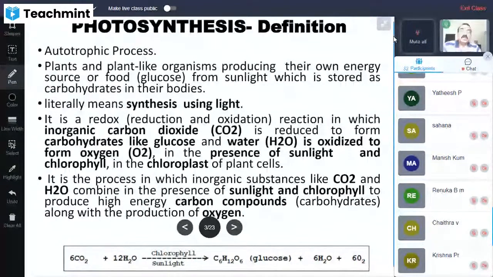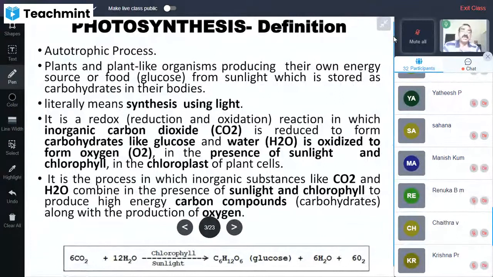This takes place in the presence of sunlight and chlorophyll, and all these reactions happen in the chloroplast of plant cells.